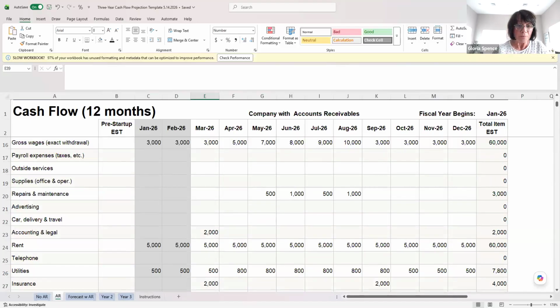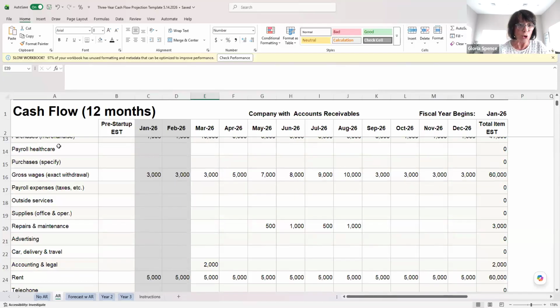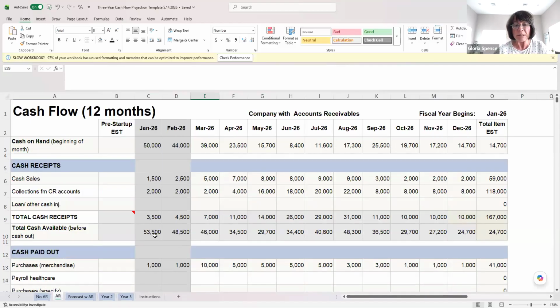All right. So any questions on this? This is very interactive. Again, you're in charge of putting what these expenses are over here. And then you're also obviously in charge of what you think your cash sales are going to be and your collection. This is why I'm a big proponent: if you don't extend credit, your life becomes so much easier.